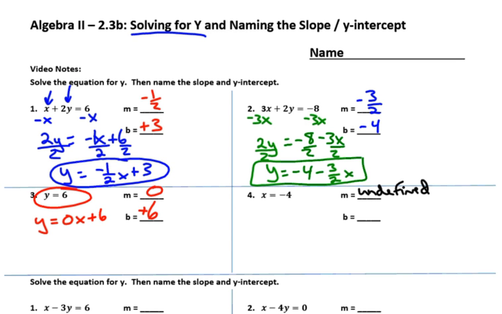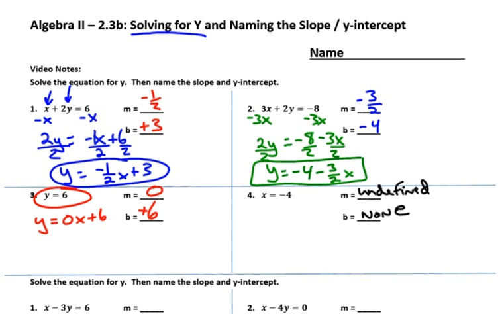Which then means that I've got a y-intercept, a b, that doesn't exist, so I put there is none. So undefined and none. We've got x is equal to negative 4. That's an undefined slope, and we'll talk a little bit more about what that means. And the y-intercept is none.